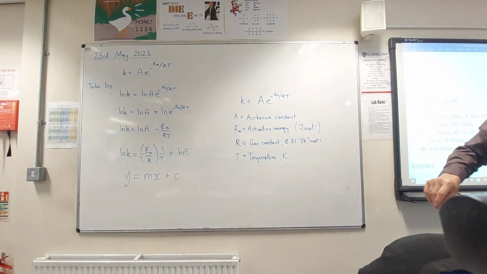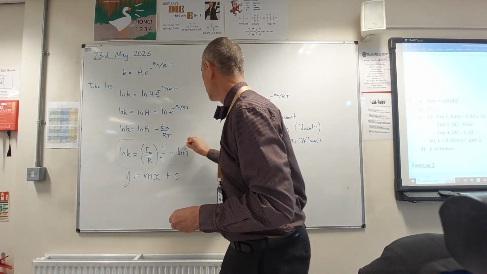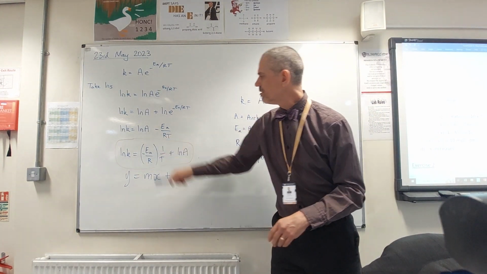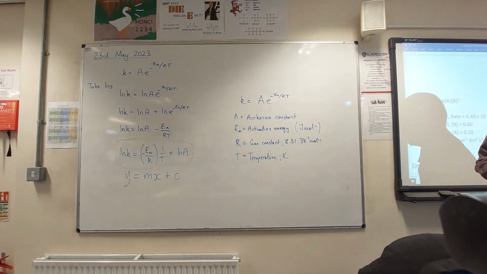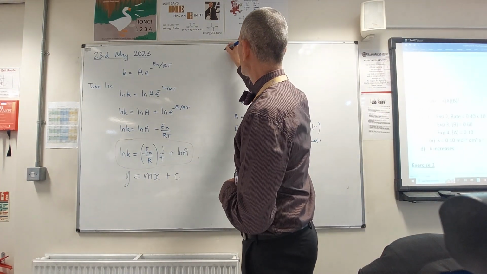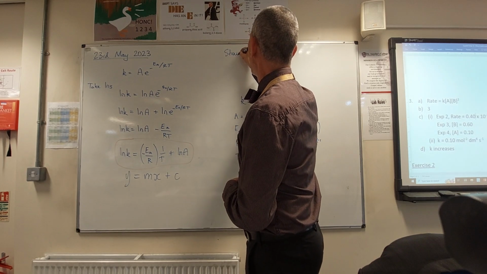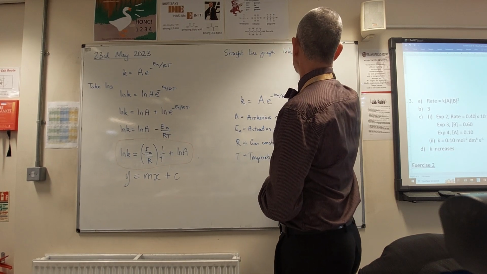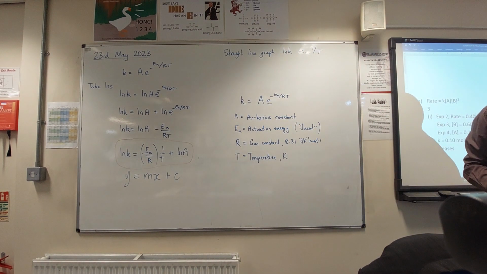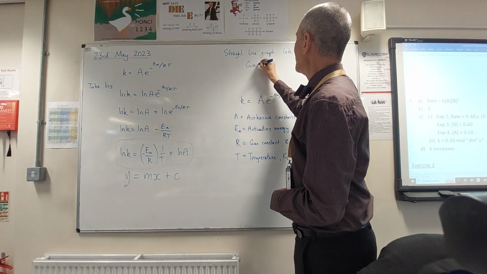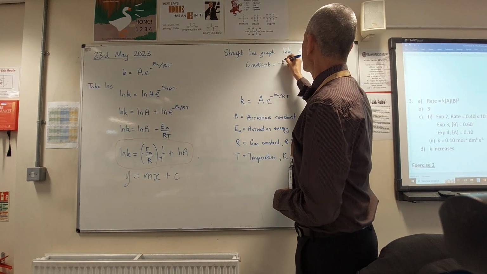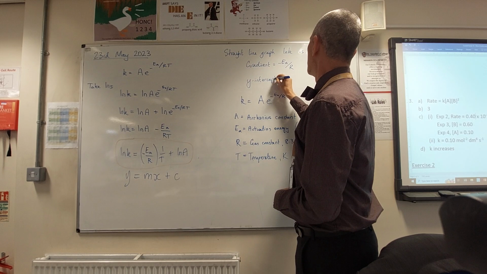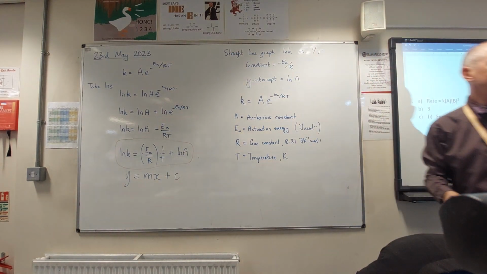That form of the equation, by the way, will be given to you. They won't necessarily make it obvious that minus Ea over R is going to be your gradient, but that's how it is. If I've got a straight line graph of log k against 1 over T, then the gradient m will be minus Ea over R, and the y-intercept will be log A.